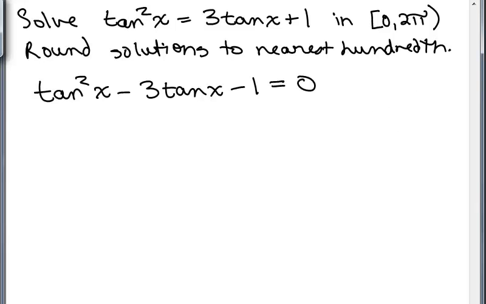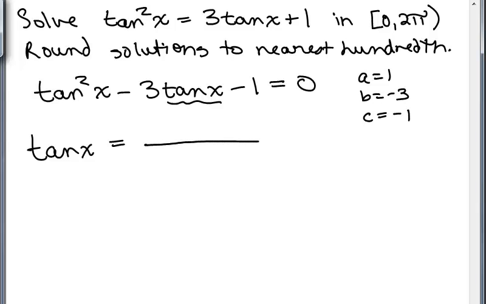Alright, but instead of y, it's tangent of x, right? So the tangent of x, according to the quadratic formula, we've got what? A is 1, b is negative 3, and c is negative 1. So remember, it's negative b, so it's the opposite of negative 3, plus or minus the square root of b squared, which is going to be 9.